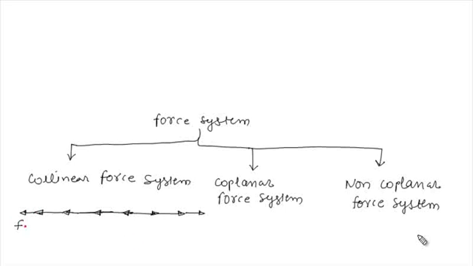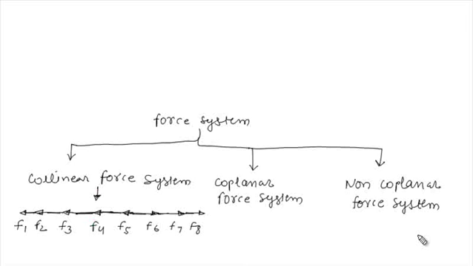Suppose we have forces F1, F2, F3, F4, F5, F6, F7, F8 and so on. If the line of action of all these forces passes through the same line, we can say that this kind of force system is a collinear force system.